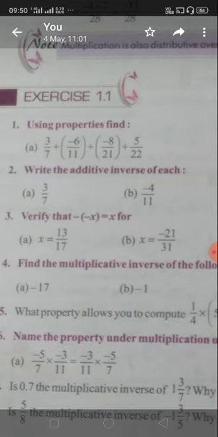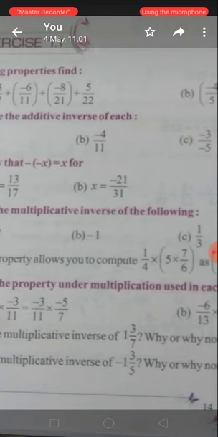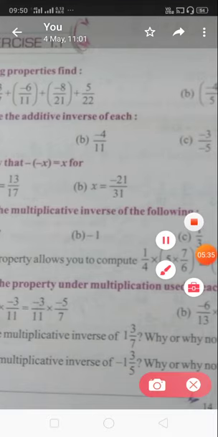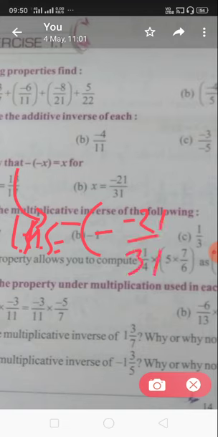Is it right? Next, minus 21 upon 31. Similarly, again on the left side here, what is written? You write here LHS equals minus of minus x, and x here is minus 21 upon 31.